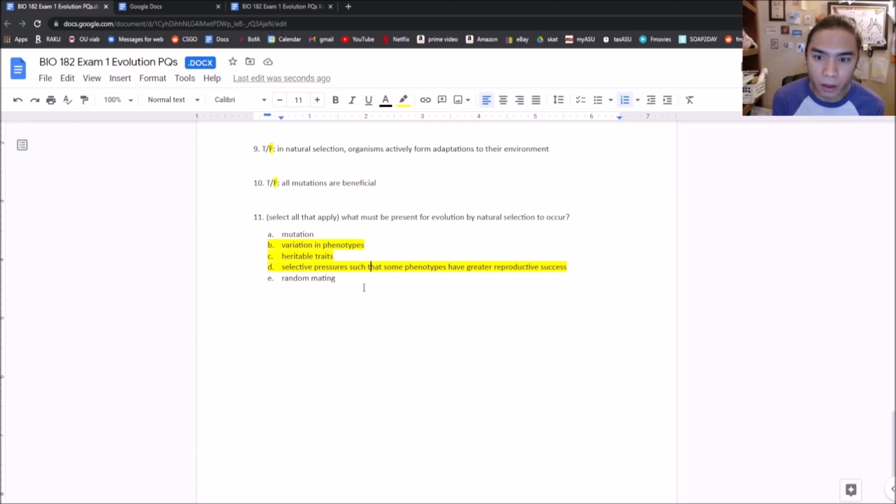So natural selection would not really occur. And random mating would actually go against natural selection, or at least the facet of sexual selection. There's a lot of sexual selection happening within many organisms, and if you just mate randomly, you take out that facet of certain sex-related traits being favored or disfavored.